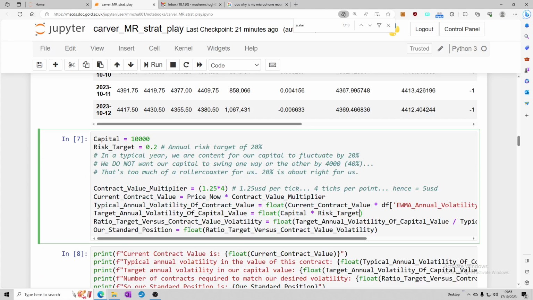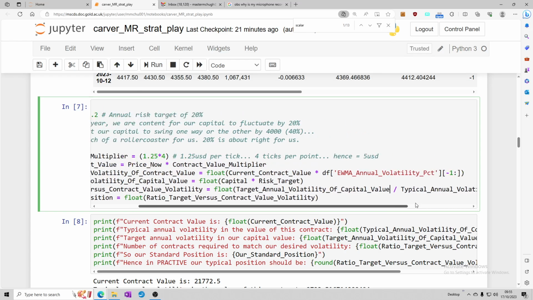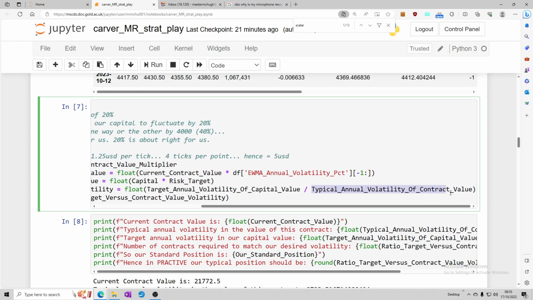That's easy. Now the ratio of the target versus the contract value volatility, in other words, this one divided by this one, well, that's telling us if we desire our capital to have an annual volatility of $2,000 and the actual contract we are trading itself has an annual volatility of only $1,000, then we have a ratio of 2.